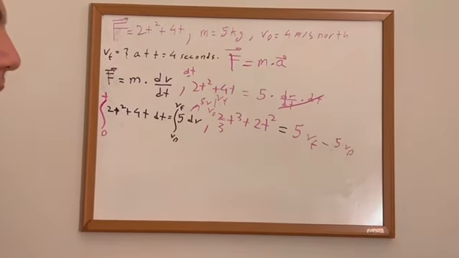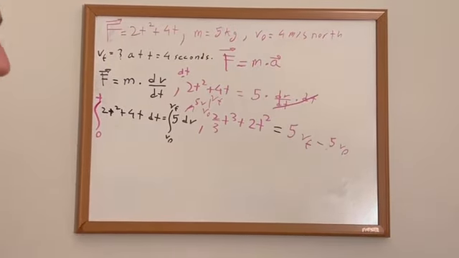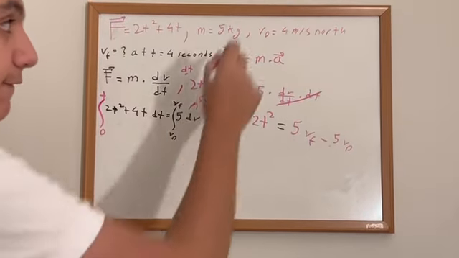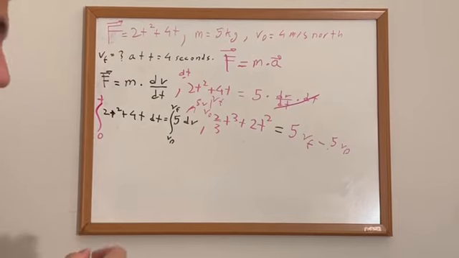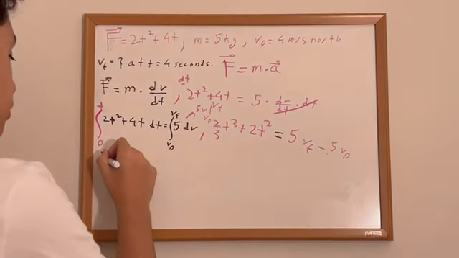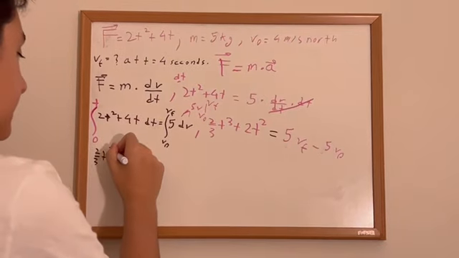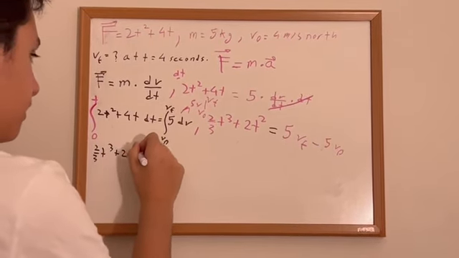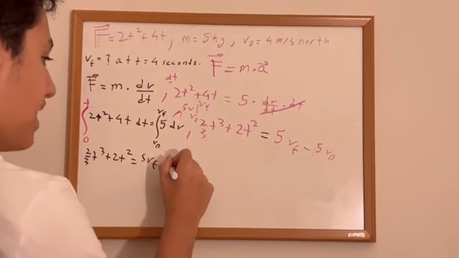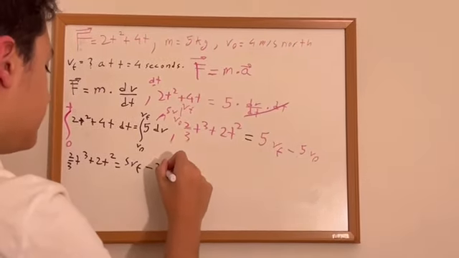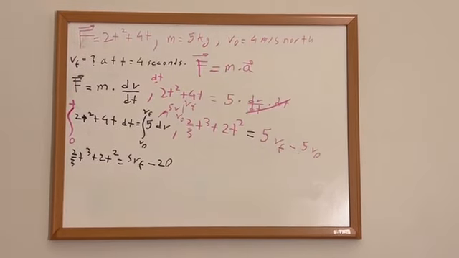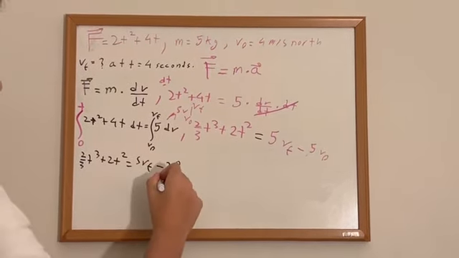Now we have a much easier equation, and we have the initial velocity as 4 meters per second north. So we can write this as 2/3 t cubed plus 2t squared is equal to 5 times the final velocity, minus 5 times 4, which is 20. We want to solve for the final velocity, so we add 20 to both sides.